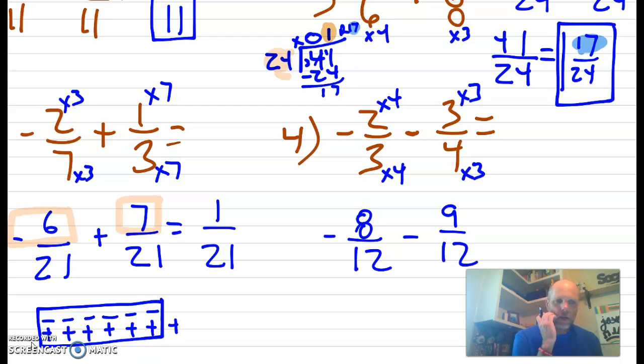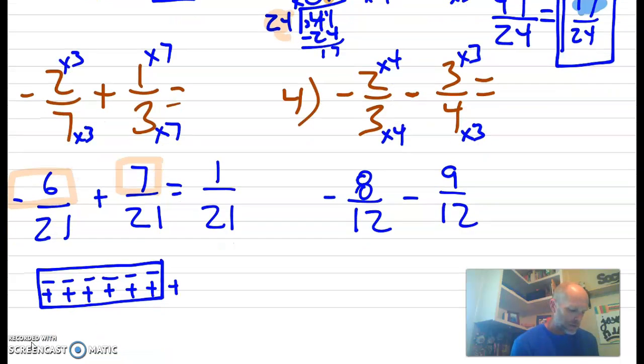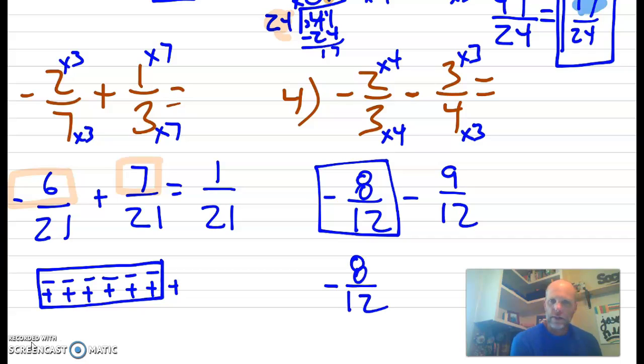So we're subtracting here, and at North Belton we add the opposite instead. So we do not mess with that first fraction. We learned in my class why adding the opposite works, because subtracting a positive is the exact same thing as adding a negative.